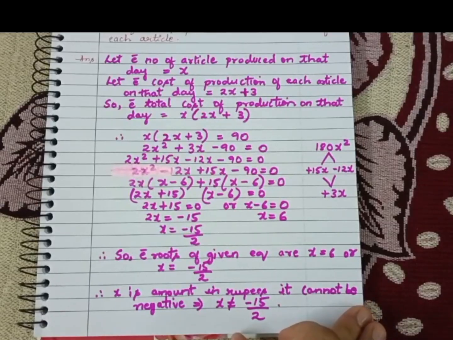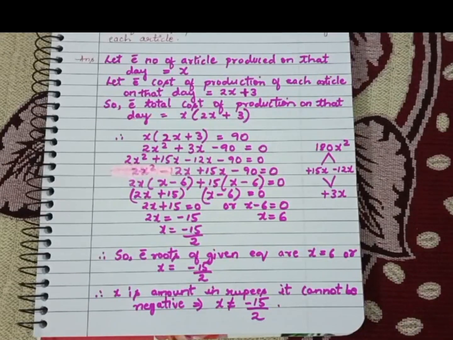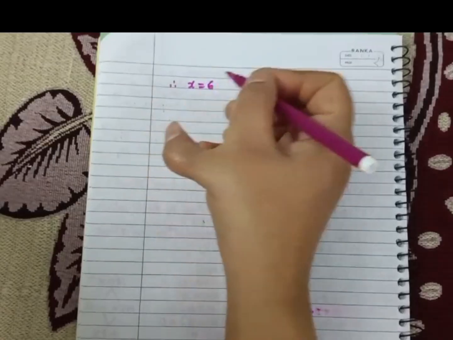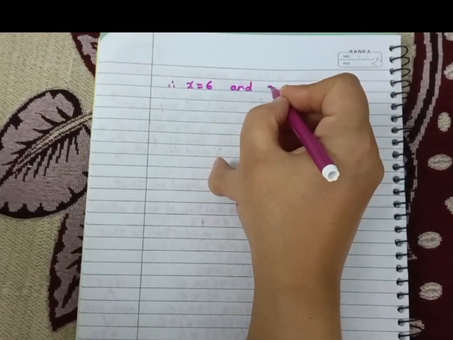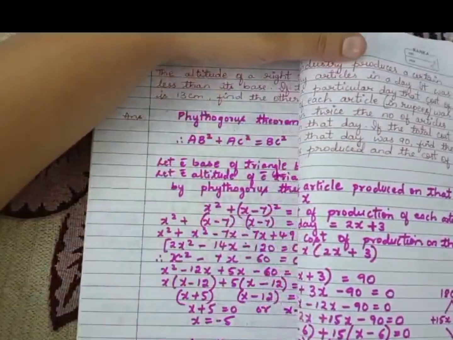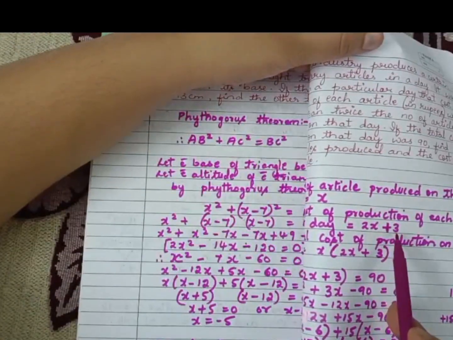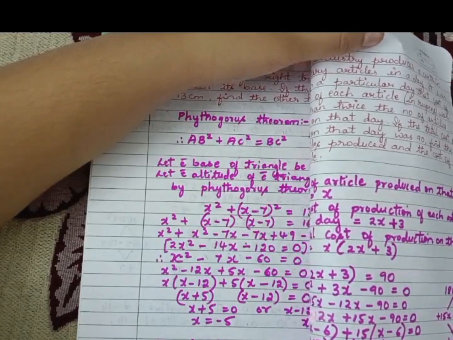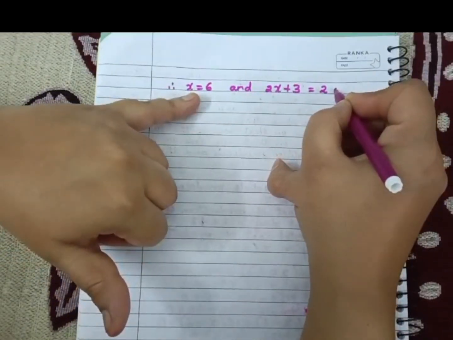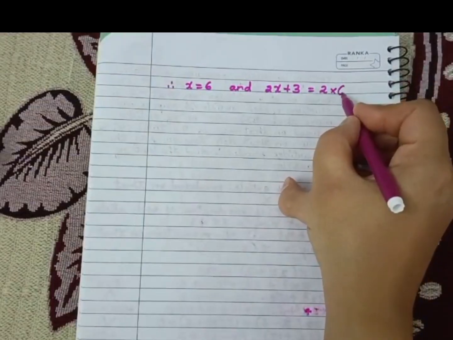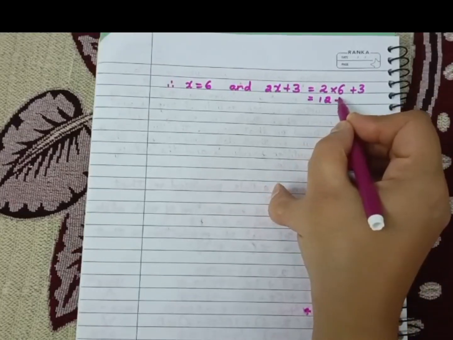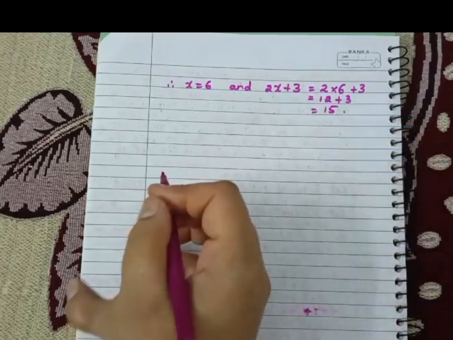Therefore, x is equal to 6. And 2x plus 3, which we have as the cost of each article, is equal to 2 into x value 6 plus 3. 2 sixes are 12 plus 3 is 15.